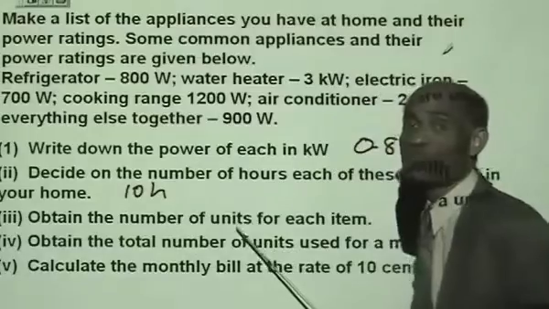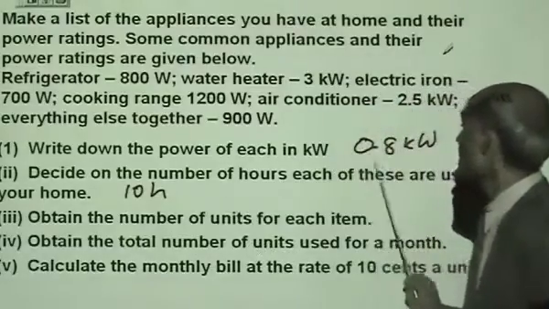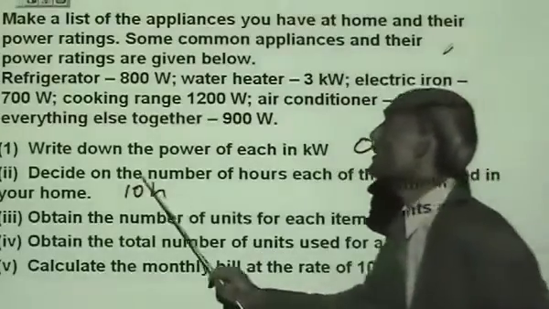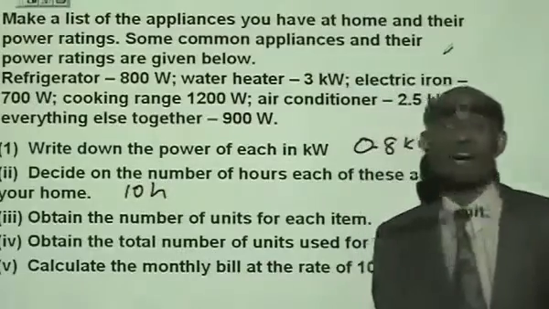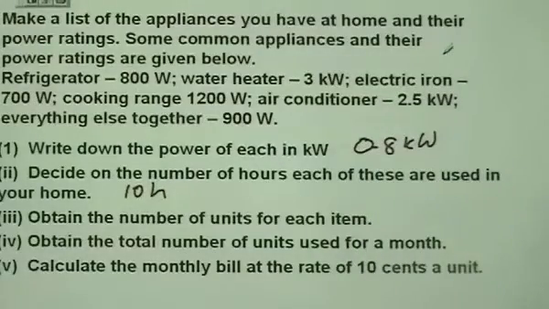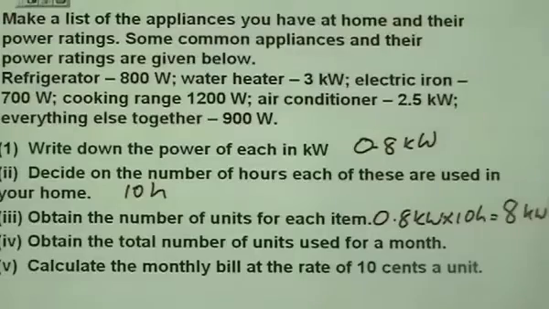How do we obtain the number of units? Multiply the power in kilowatt by the time in hours, and that will give me 0.8 kilowatt multiplied by 10 hours, which will be 8 kilowatt hour, or 8 units.